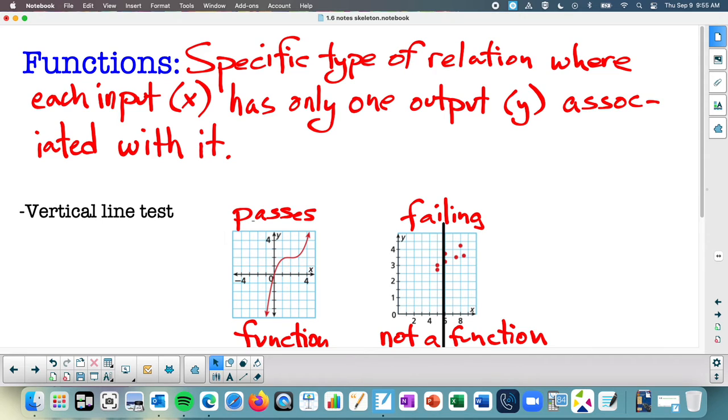Yes, ma'am, go ahead. I can definitely see a question. I was just confused. So when you put the line in the first one, it passes because it never touched more than one spot. On the second one, I left it where there are those 2 red dots above each other.